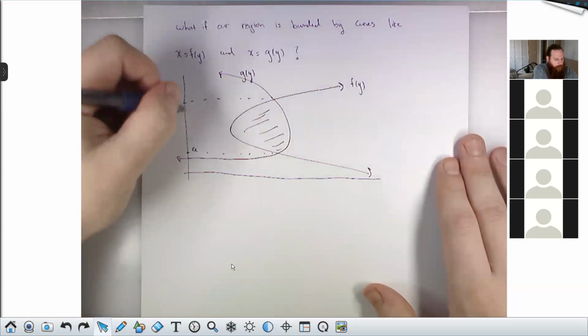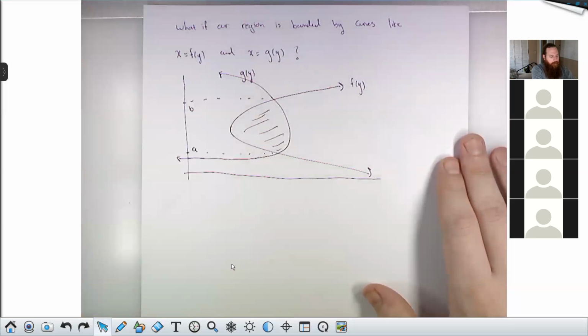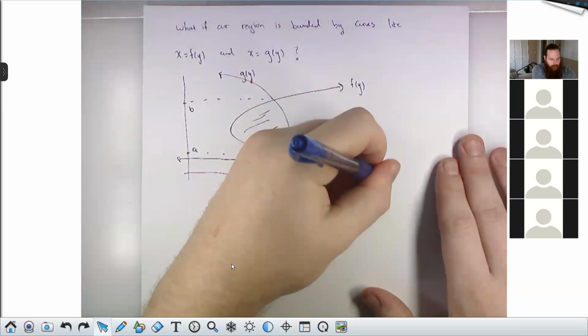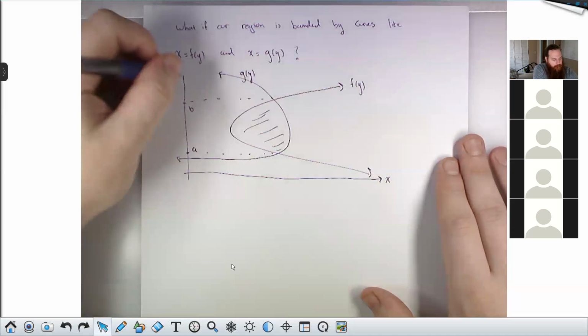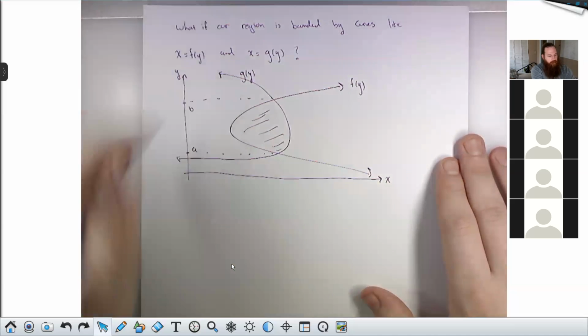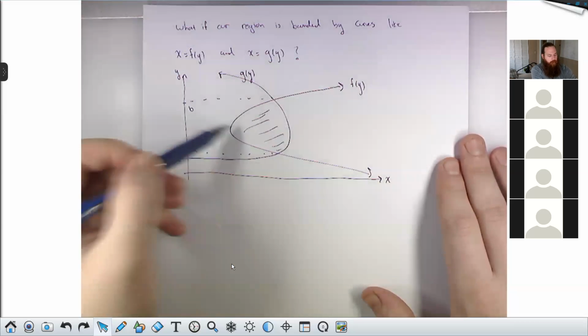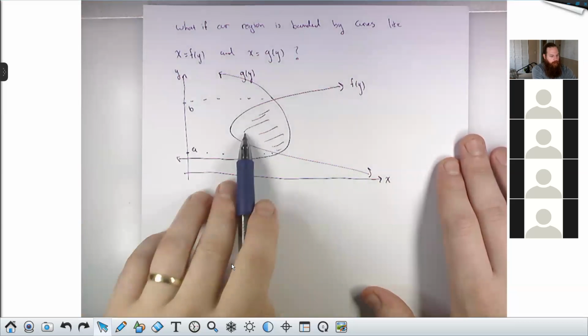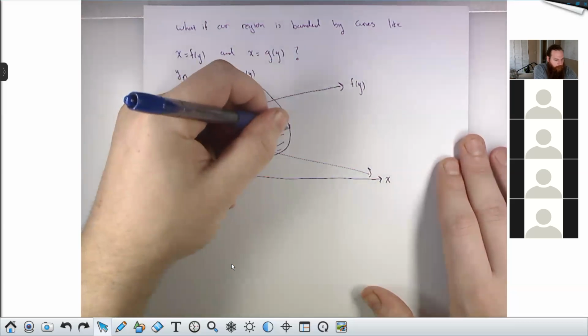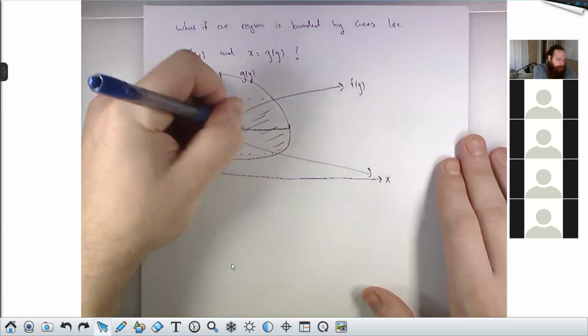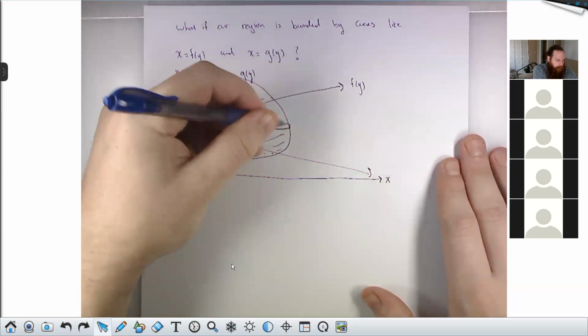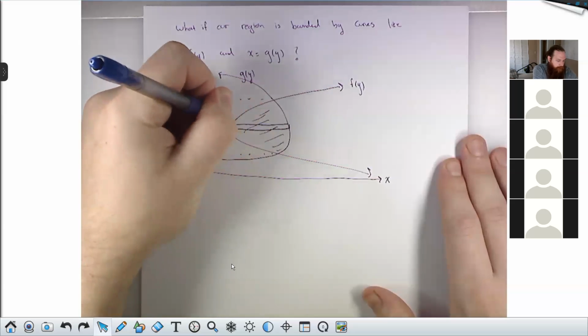So here you would integrate from y equals a to y equals b, your right function minus your left function. The increasing x direction is this way. So if I want to measure the area in here, I would be thinking about having little Riemann rectangles in there that look like this.